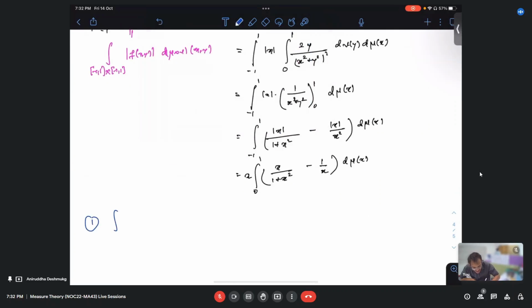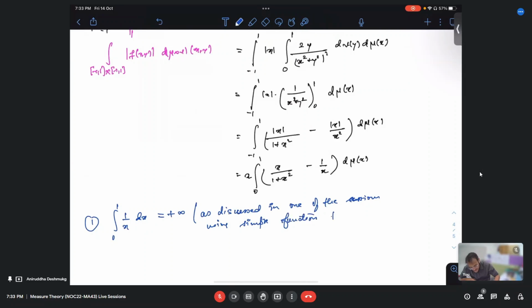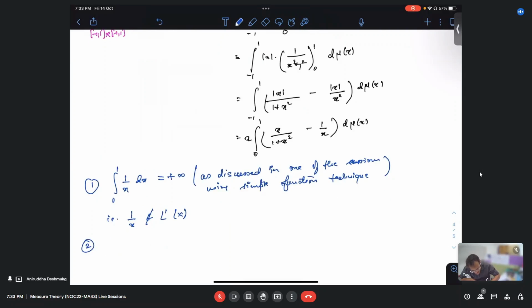Okay. So now there are a couple of things to observe. First is that the integral from 0 to 1 of 1 over x dx is plus infinity, as we have discussed in one of the sessions using the simple function technique. That is to say, 1 over x is not in L1. But the second thing to observe is the integral of x over 1 plus x square d mu x from 0 to 1.